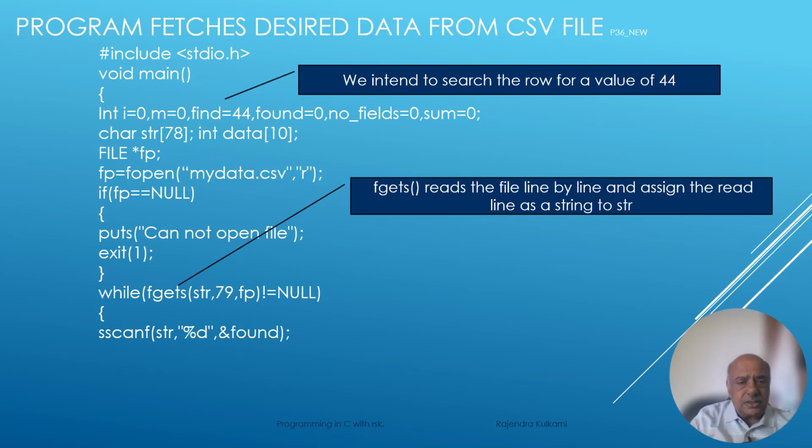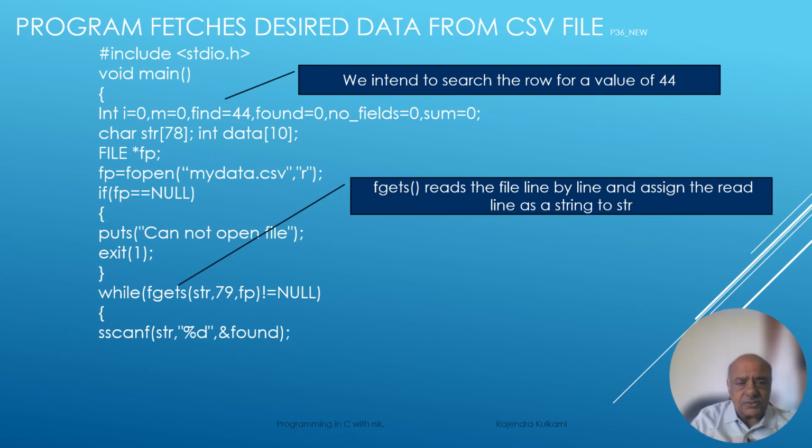In this case we are using %d because 44 we have treated as an int constant. If instead of 44 there is some constant which is of float type or a string type, then we will use %f, %s, etc. So sscanf function picks up the first value in the string.